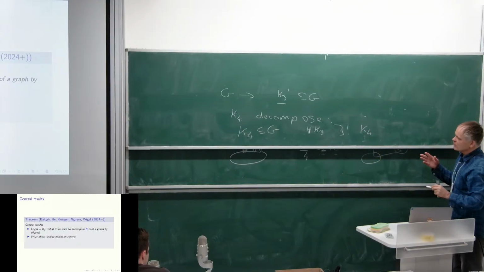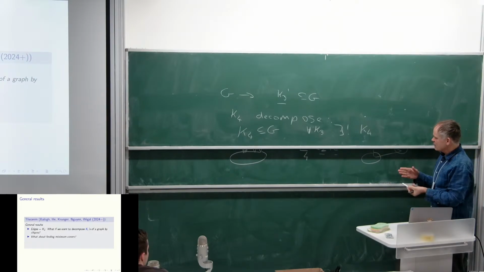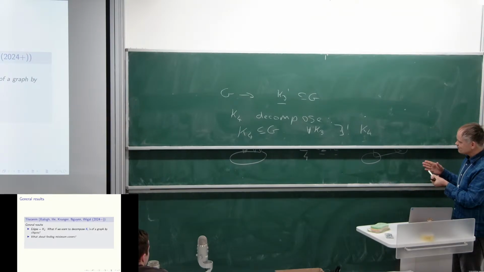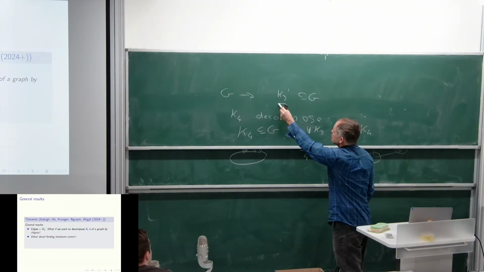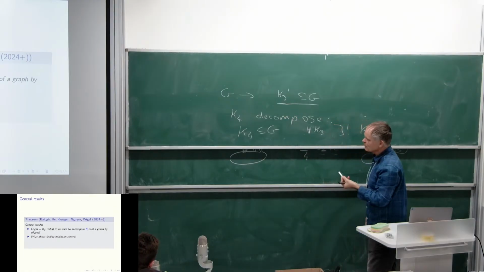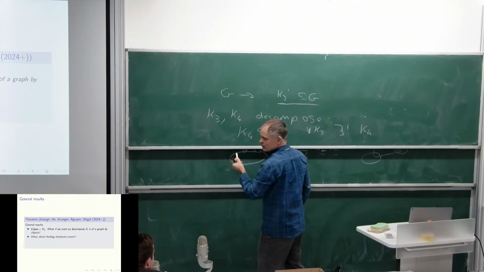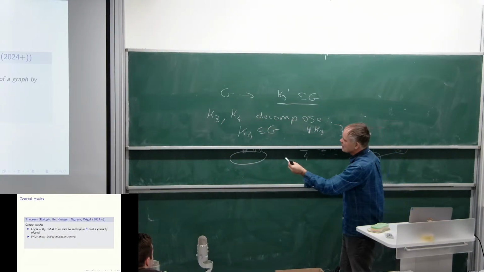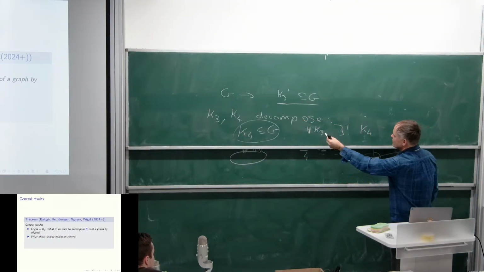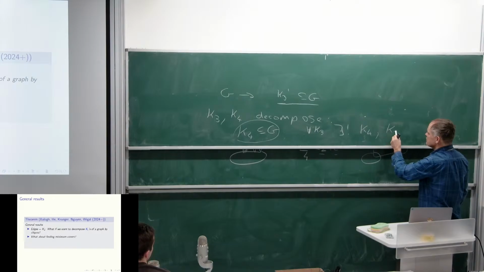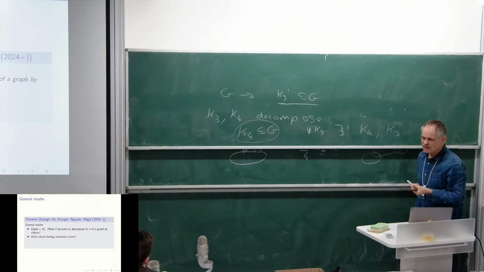The original problem was that we have a graph, we have the edges, and we want to decompose the edge set into triangles and edges. So one can generalize the problem: we look at the triangle set of the graph, and we want to decompose them into triangles and K4s, where obviously we need the K4 to be a subgraph of G, and for every triangle there exists a unique K4 or K3 from the decomposition list which contains it.